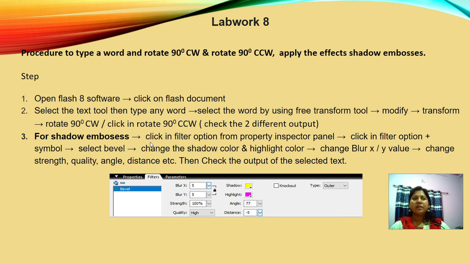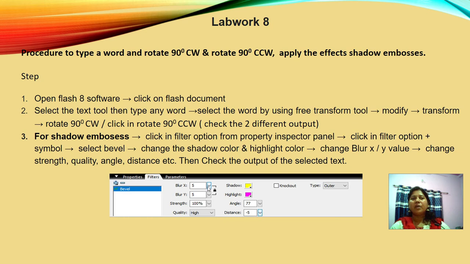Now for the shadow effect, click on the filter option in the property inspector panel. Click the filter plus symbol, select bevel, and change the shadow color and highlight color. When the dialog box is displayed on your property inspector, select this bevel option.